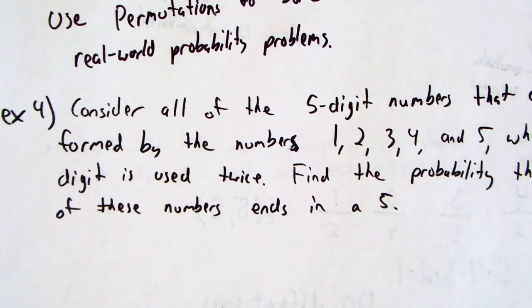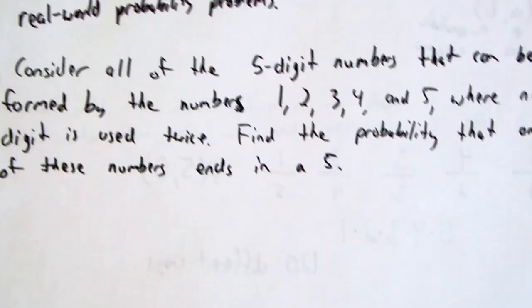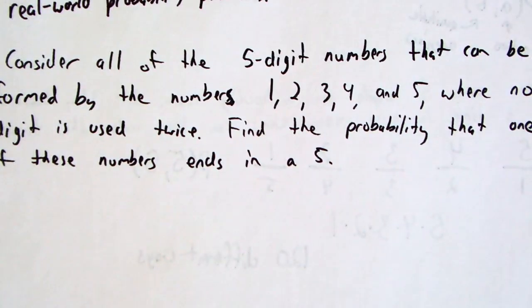So for example 4, it says consider all of the 5-digit numbers that can be made by the numbers 1, 2, 3, 4, and 5, where no digit is used more than one time, which means that after a 5 is used, you cannot use it again. It says find the probability that one of these numbers ends in a 5.